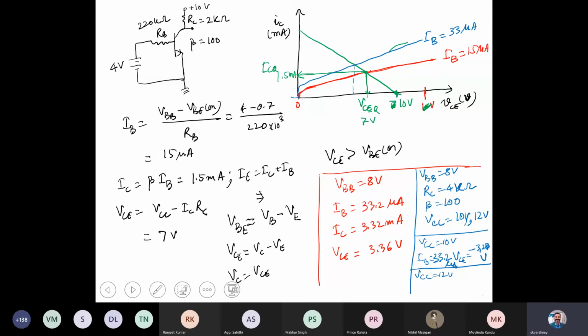So what does this mean? Let's say what you've done for VCC 10 volt, beta is equal to 100, RC is 4 kilo ohm, and RB was 220 kilo ohm, right?